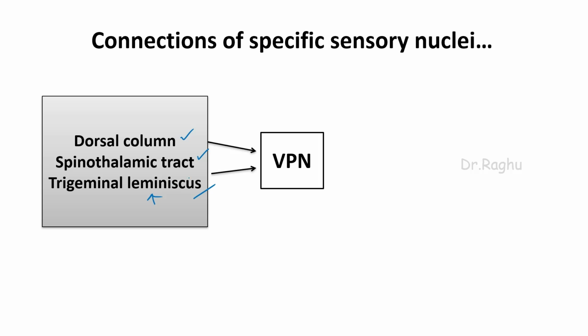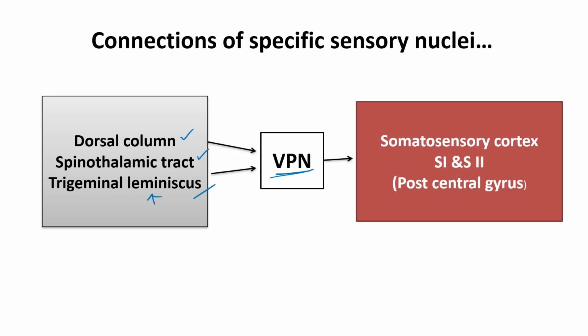So all these things are going to project to the ventral posterior nucleus of the thalamus. Now from here, where do you think the efferents are going to go? The efferents are going to go to the somatosensory cortex, that is somatosensory area 1 and 2, which is located in the postcentral gyrus.